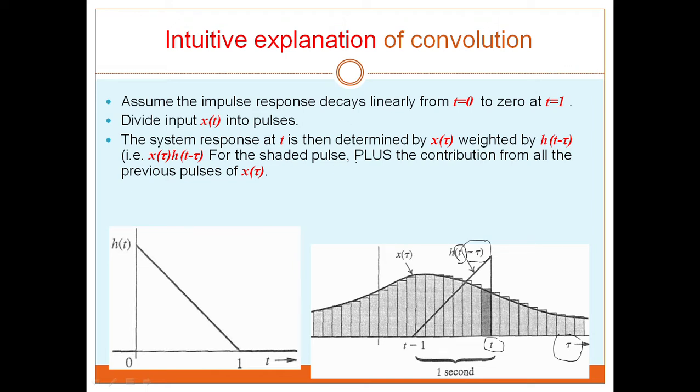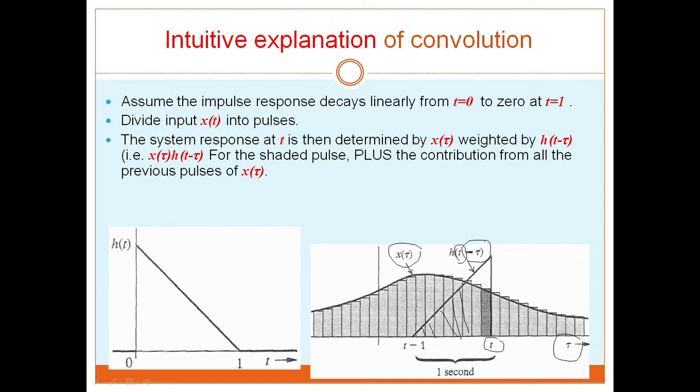We multiply the signal with the second signal that is reflected and shifted. The shaded area here will be the sum from all the x(t) and h(t).